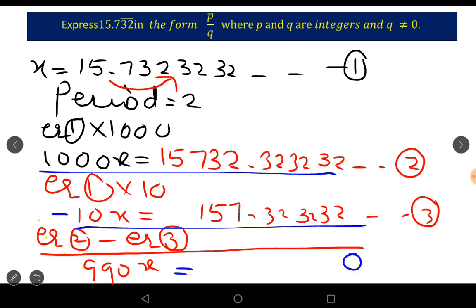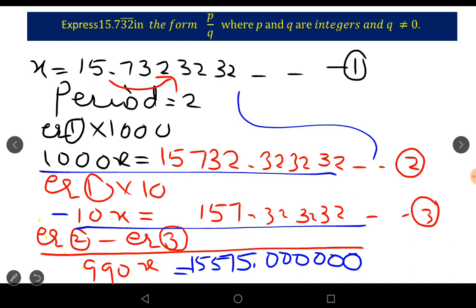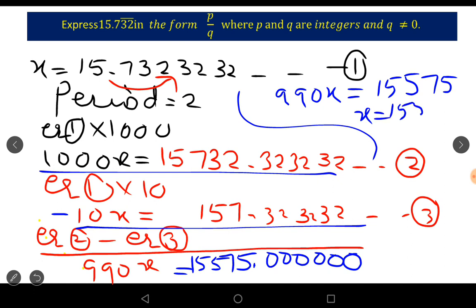Here 0, 0, 0, 0, 0, 0, point 5, 7, 5, 1, 5. So answer same. 990x equal to 15,575. x is equal to 15,575 by 990. Okay, so divide 3, 1, 5, 1, 5 by 5: 5 1 is 5, 5 9 is 45, 5 8 is 40.